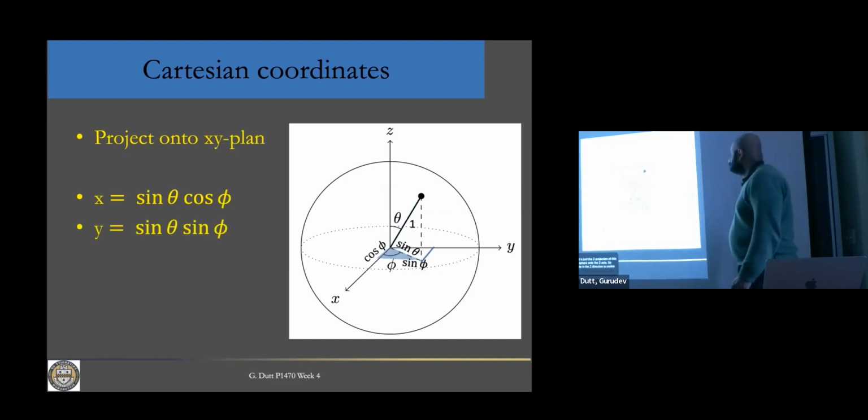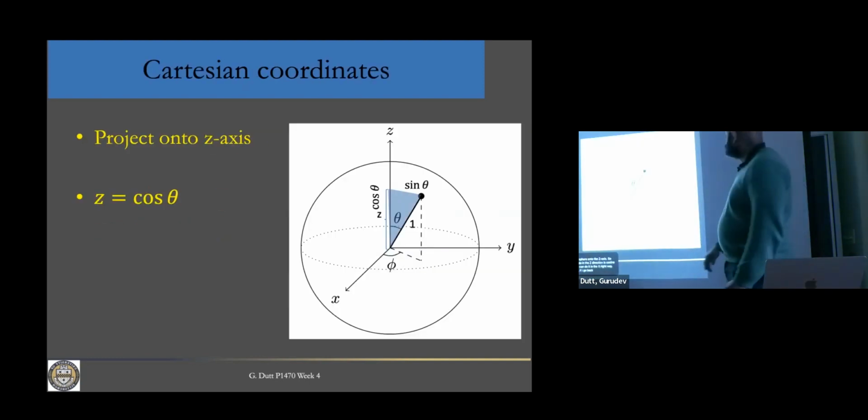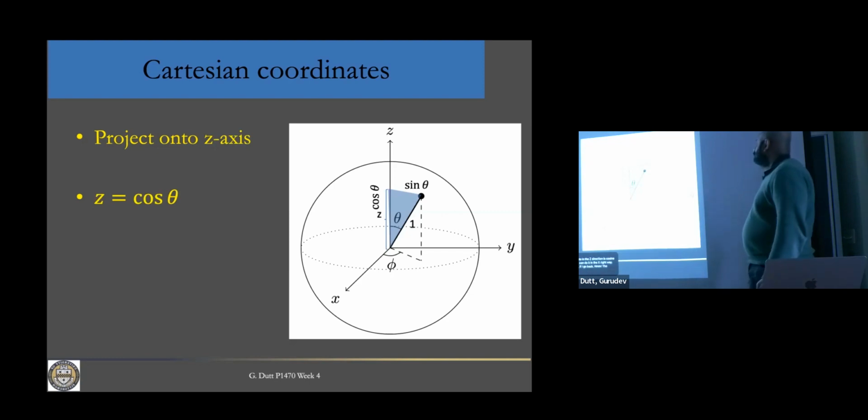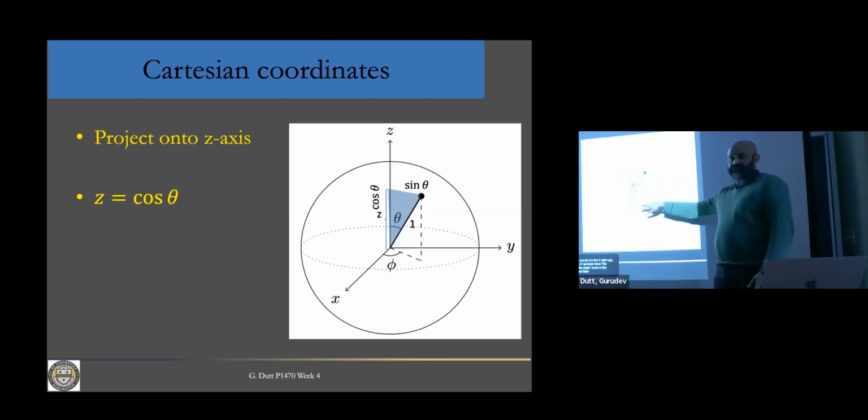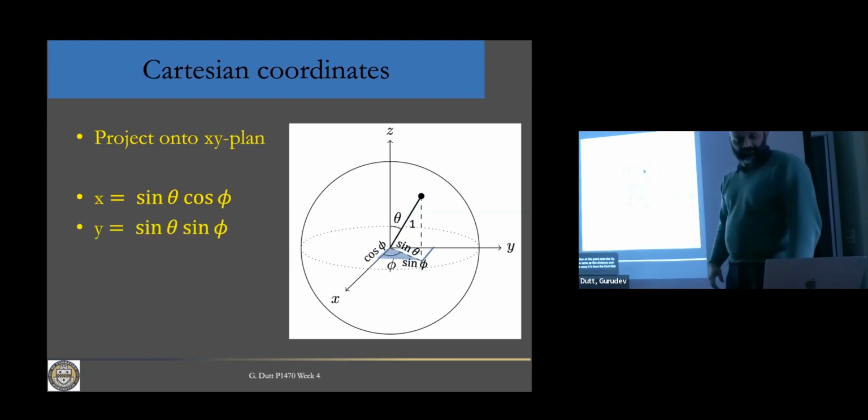And now we can do it in the xy plane. Remember, if I go back to the previous slide, this distance was sine theta. That must also be the same as this distance down here, because that's the projection of this point onto the xy plane. That's how far away it is from the origin in the xy plane.